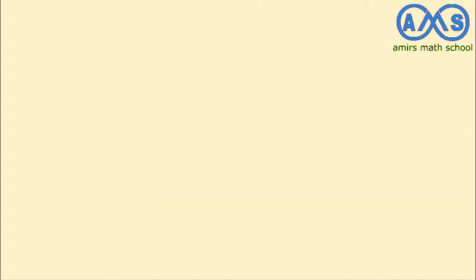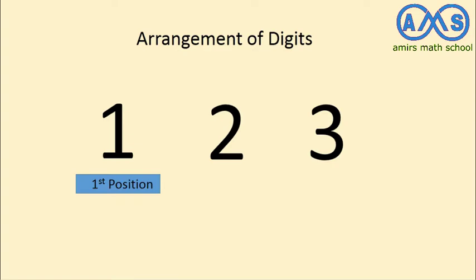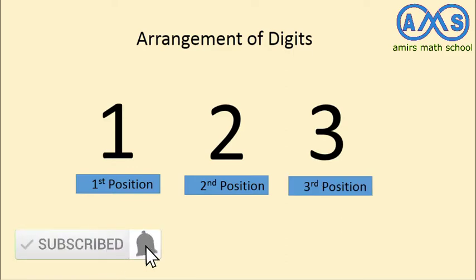Suppose we have 3 digits 1, 2 and 3, and we want to arrange these digits. To easily identify the new arrangement, let's give the position of these digits. The position of 1 is first position, the position of 2 is second position, and the position of 3 is third position. This is the arrangement of 3 digits 1, 2, 3.